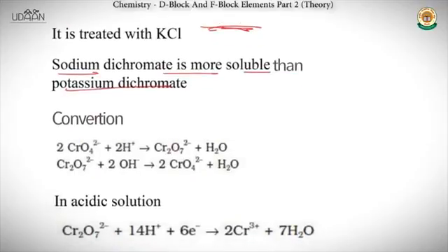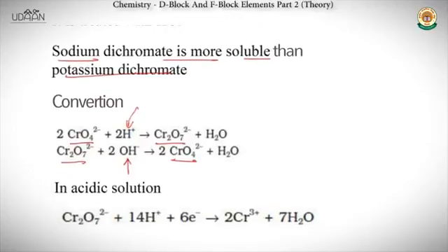Now for conversion of CrO4 2- to Cr2O7 2-, we can acidify it, and for conversion of Cr2O7 2- to CrO4 2-, we can add a basic substance to it. So CrO4 2- in acidic solution becomes Cr2O7 2-, which when treated with basic solution gives us back CrO4 2-.